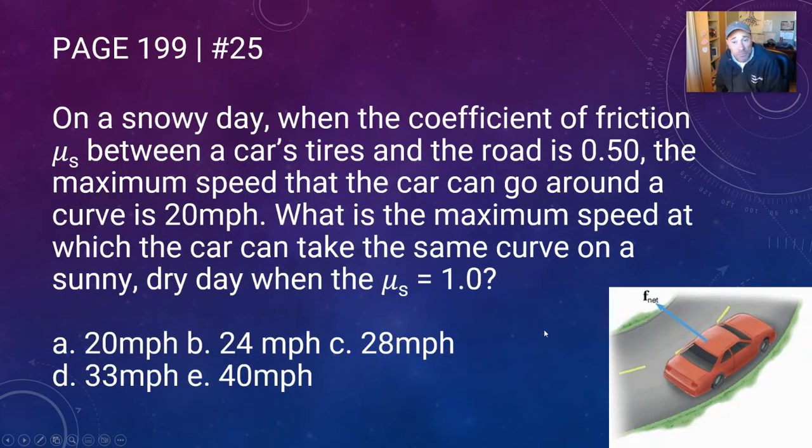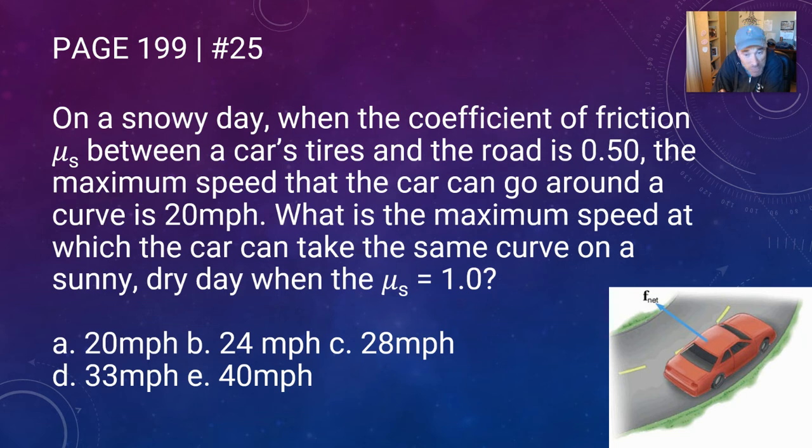So let's take a problem and see if we can figure it out. I have a problem here dealing with a car traveling around a corner, but in this case the centripetal force is being provided by friction. On a snowy day, when the coefficient of static friction, so this is rolling friction, between a car's tires and the road is 0.5, the maximum speed that the car can go around the curve is 20 miles per hour.